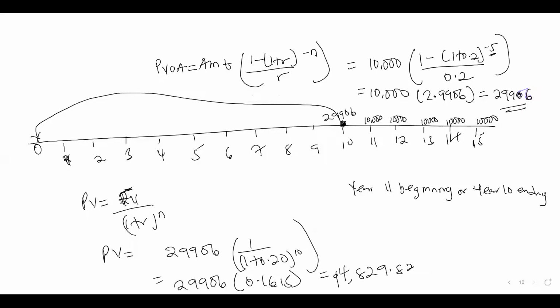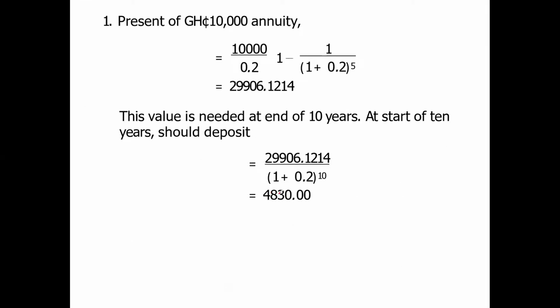That was what is in your slides. If you round it, 4829 is like 4830. So that's the answer in your slide.